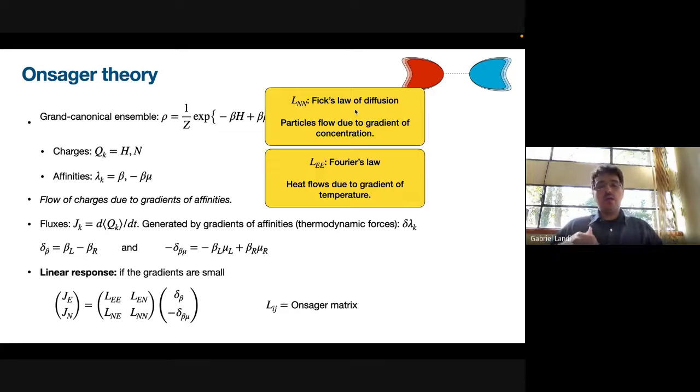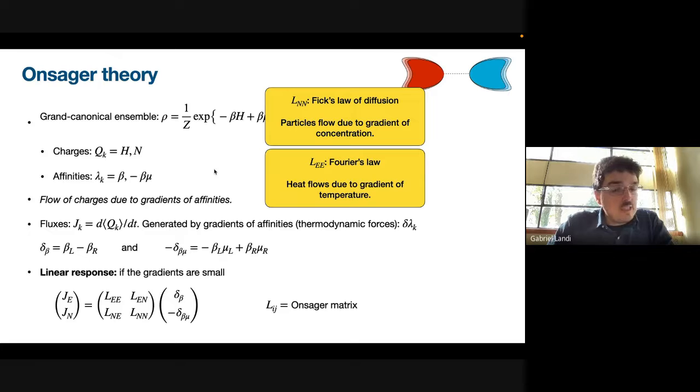I forgot to mention, when I talk about particles, I can mean the flow of particles like in a chemical reaction, or it can also mean a flow of charges like in a conductor, like a flow of electrons. So Fick's law would be Ohm's law in that case.